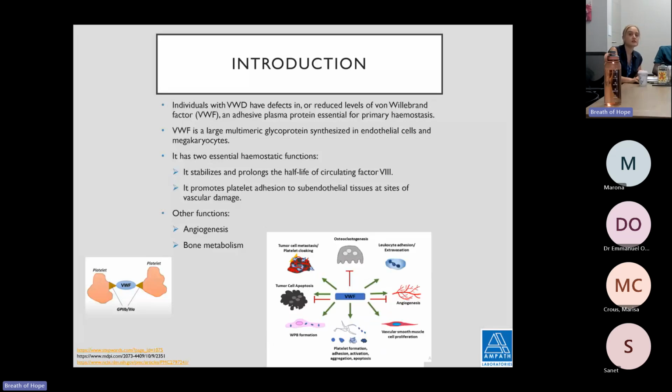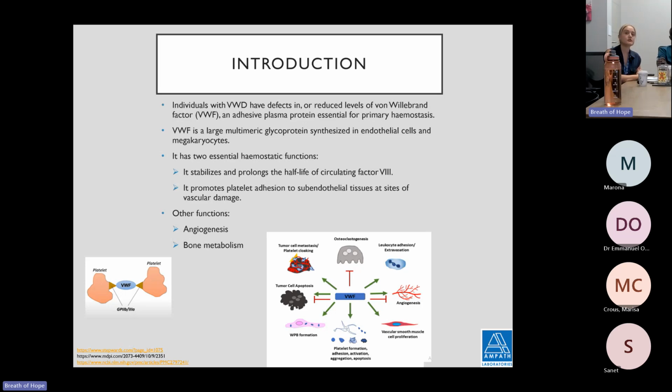And then interestingly, there's a lot of research occurring. What other functions does von Willebrand have? Not only does it play a role in angiogenesis, because they've seen that patients with von Willebrand disease have angiodysplasia, but it also has a role in vascular smooth muscle cell proliferation. It also inhibits osteoclastogenesis, and it helps with neutrophil adhesion to the endothelial cell wall.